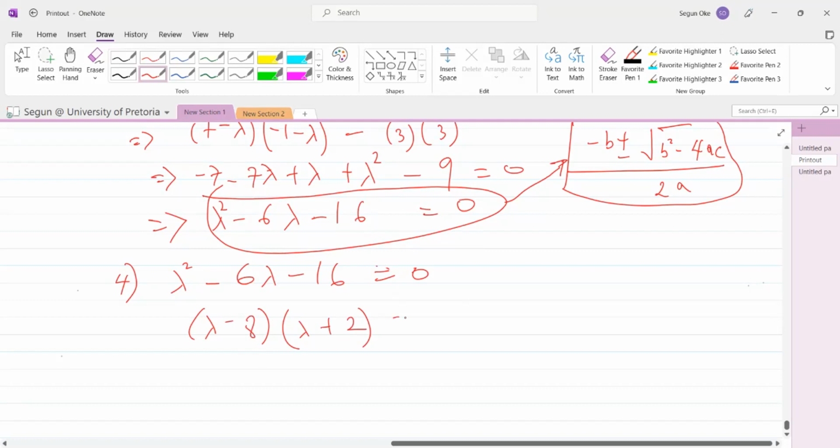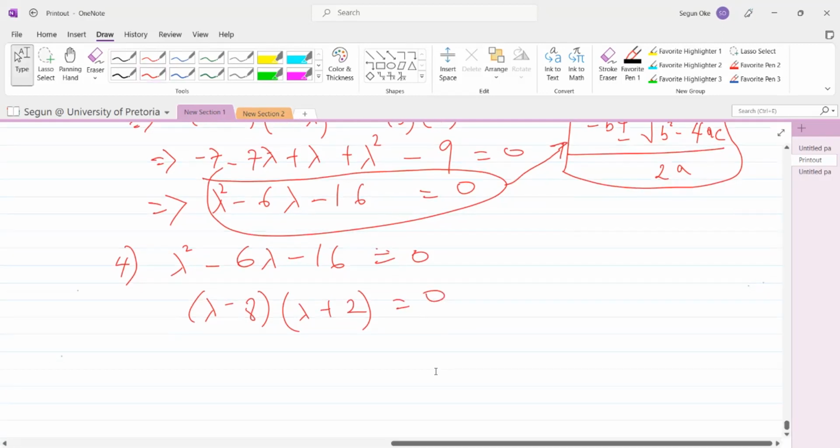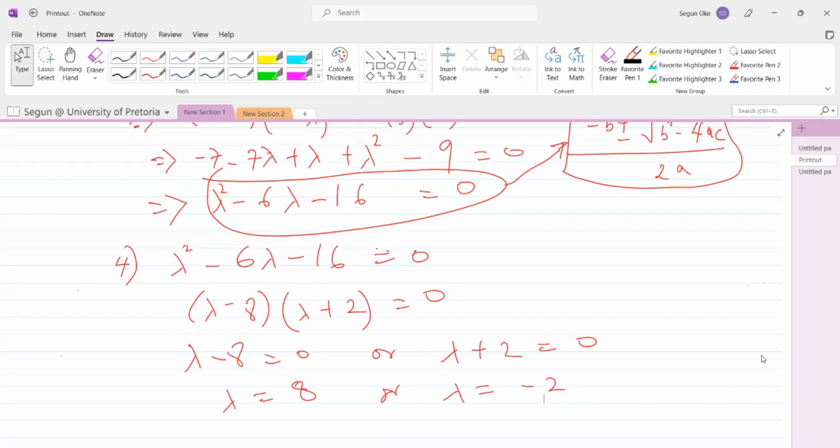So everything now equals to 0. Then let's treat them one by one. We can now say that lambda minus 8 equals to 0, or lambda plus 2 equals to 0. Then here lambda is equal to 8, or lambda equals to -2.